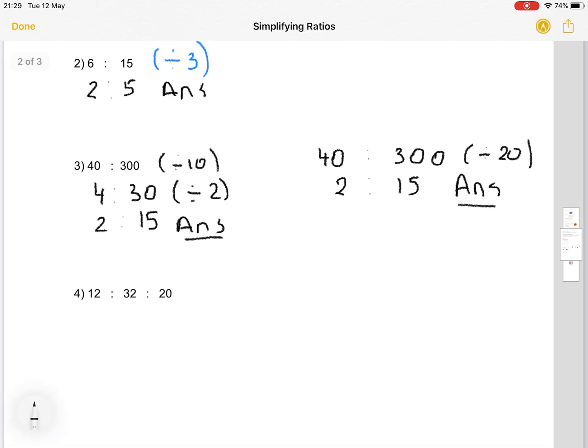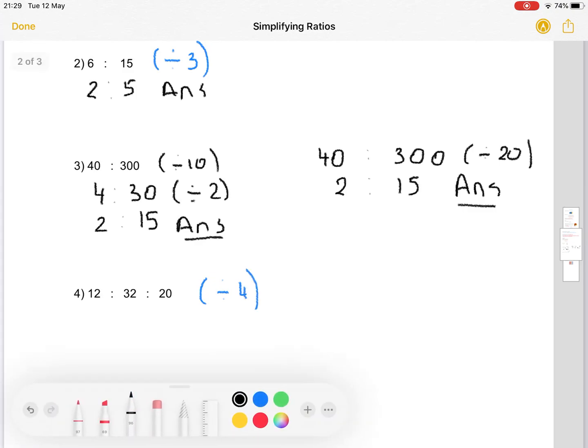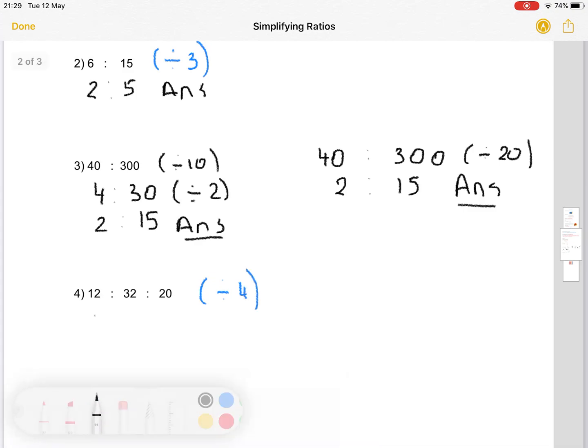So I'm going to divide all parts by 4. Now, 12 divided by 4 is 3. 32 divided by 4 is 8. And 20 divided by 4 is 5.